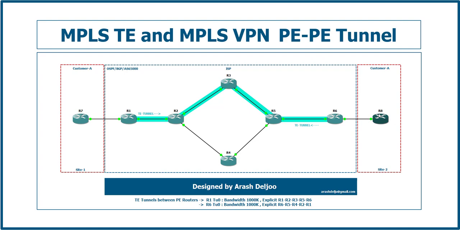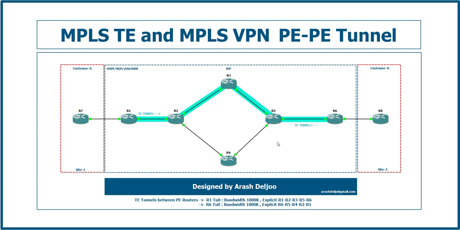You learn about the configuration of Layer 3 VPN in the MPLS Layer 3 VPN course. If you don't know about MPLS Layer 3 VPN, you need to first study that course, and after that you can watch this video.